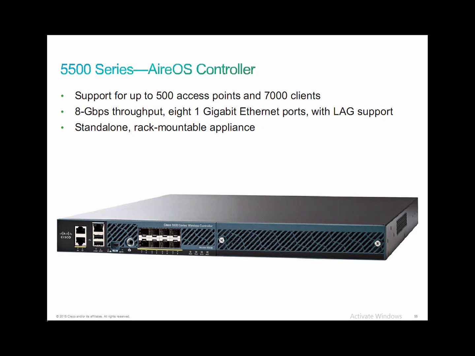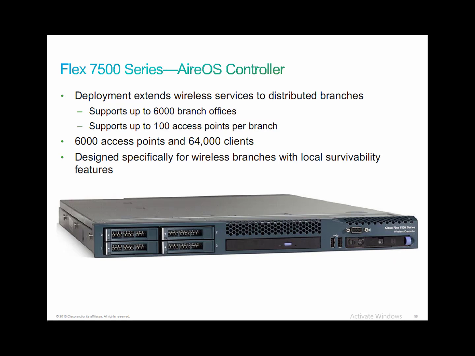If you were to log into a browser and look at the 5508 interface, it would look essentially the same as your 2504 interface as well. Now, up until recently, this guy here was really the monster controller that Cisco had available. They've since gone to higher versions of this, and we can support even larger deployments, but this guy is pretty powerful, right?